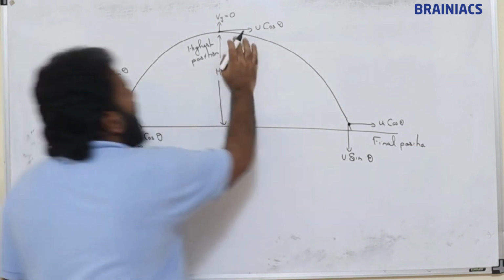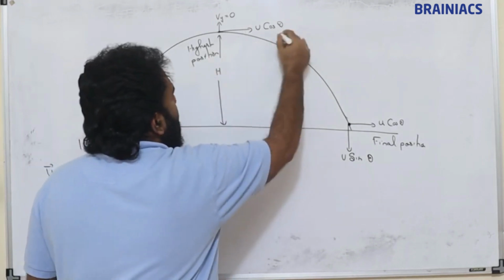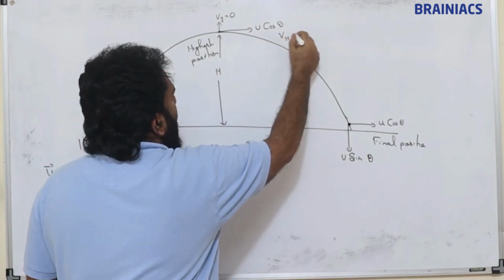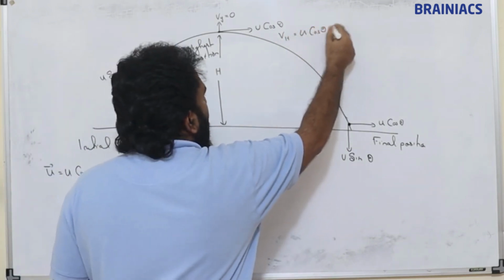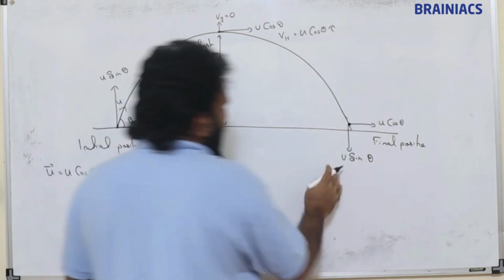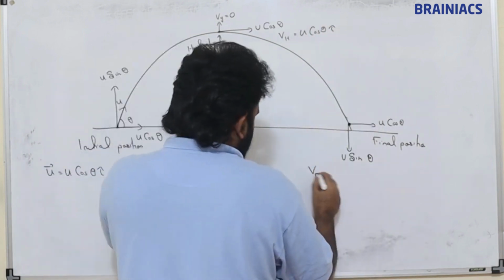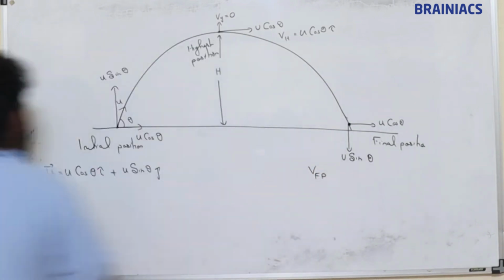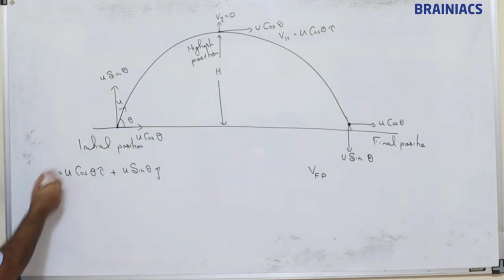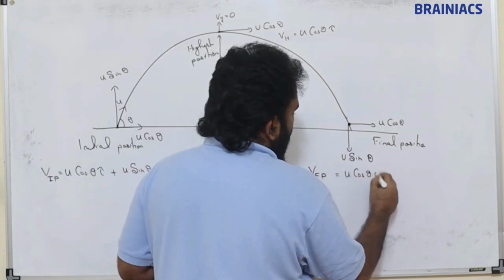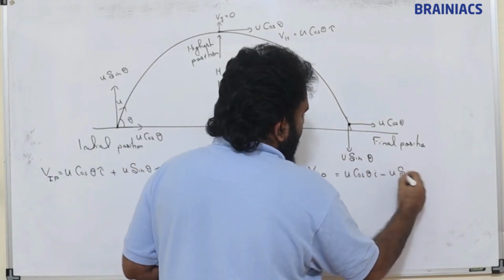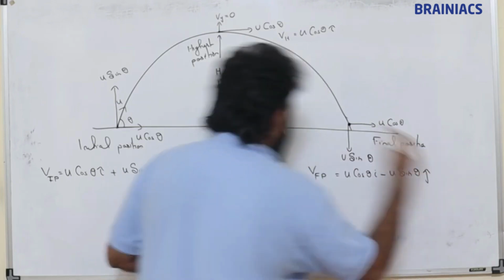The velocity at the highest point is equal to what? u cos theta i again. Same way, the velocity at the final point is u cos theta i minus u sin theta j.